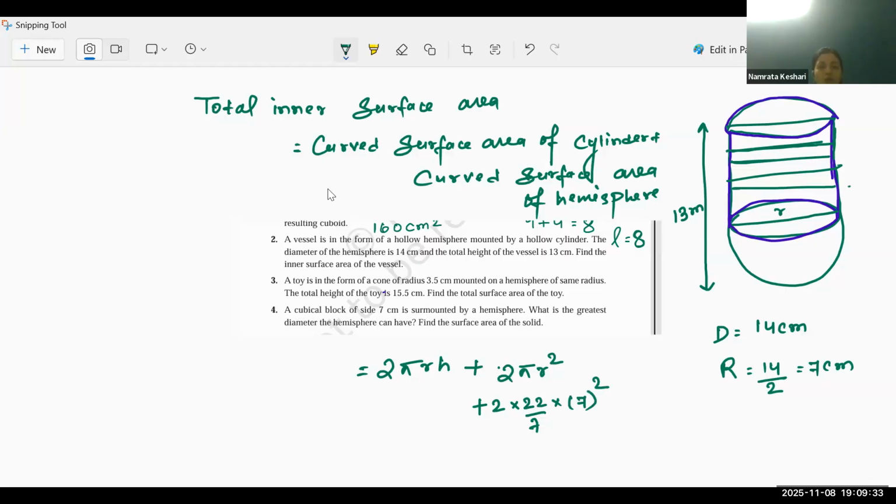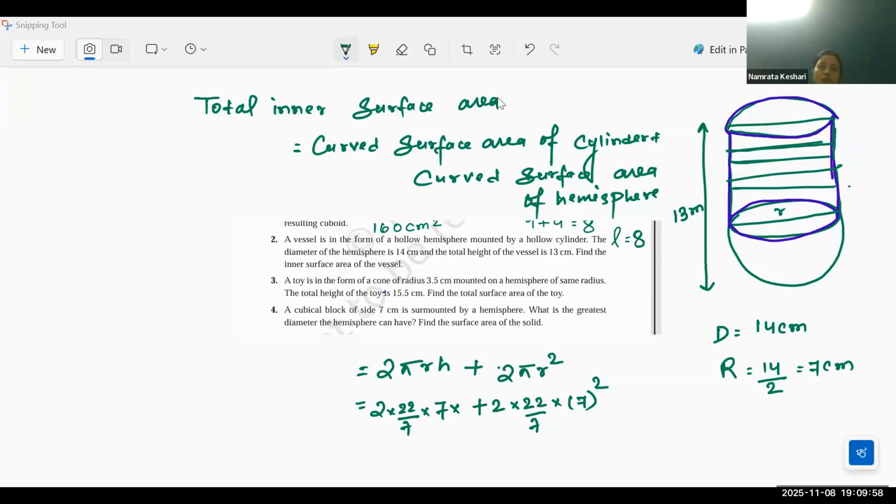For the cylinder also, the same radius will be there. So 2 pi r, the radius is the same. But what about the height? Please tell me what is the height? 13 centimeter.